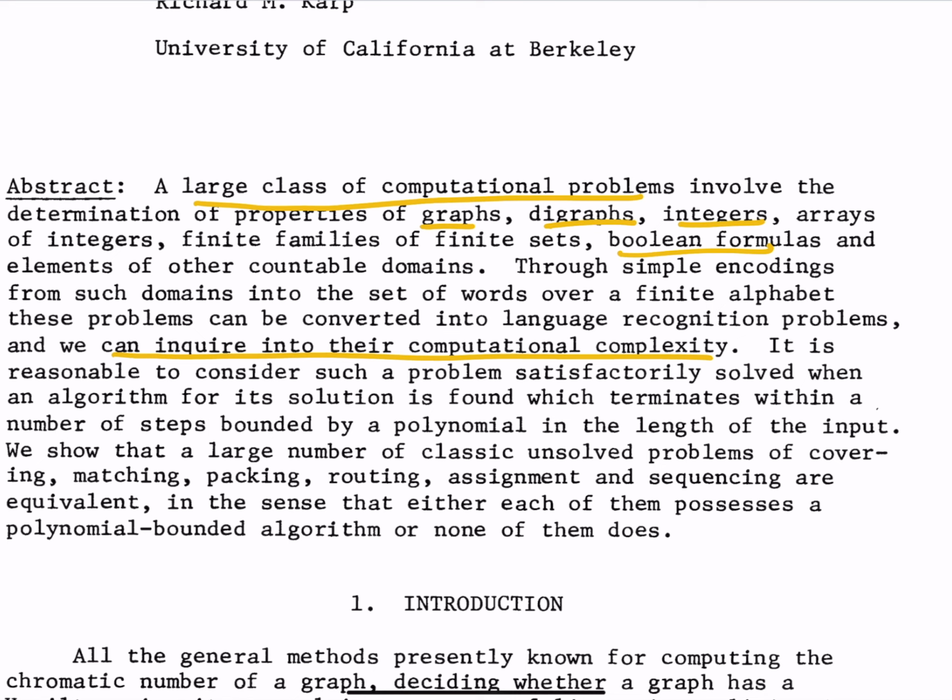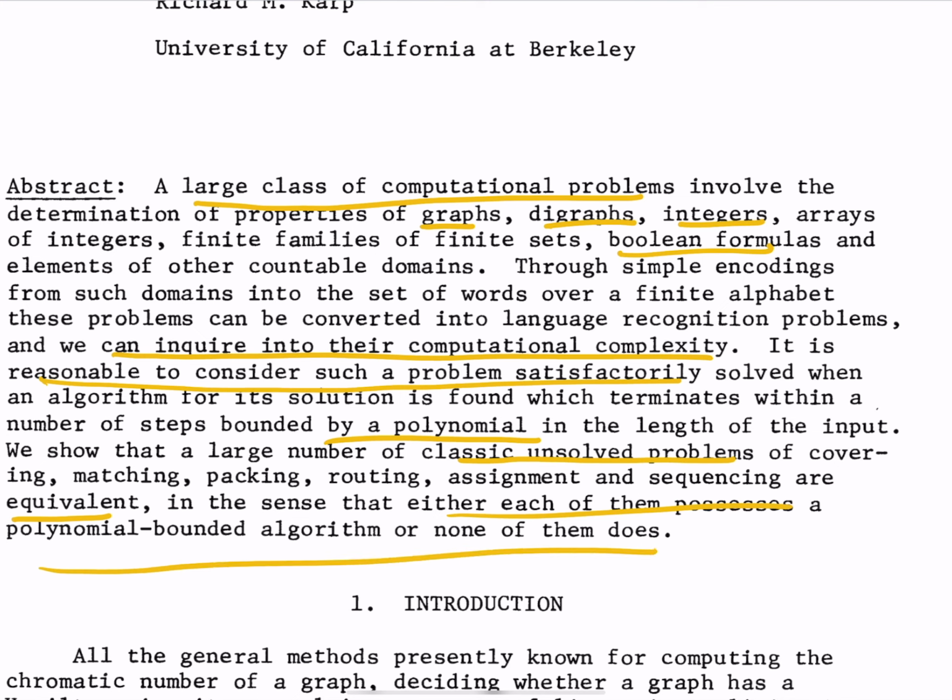It's reasonable to consider such a problem satisfactory if it terminates within a number of steps bounded by a polynomial in the length of the input. This was at a time when it was still somewhat debated whether polynomial time was important or not. And we show that a large number of classic unsolved problems are equivalent, in the sense that either each of them possesses a polynomial time bounded algorithm, or none of them does. So this is a great abstract. I hope your thesis will be similar.